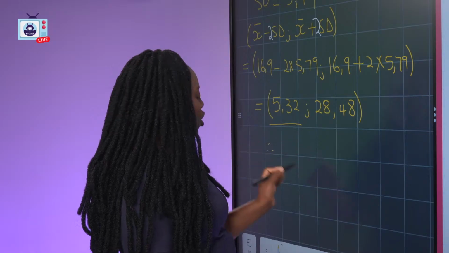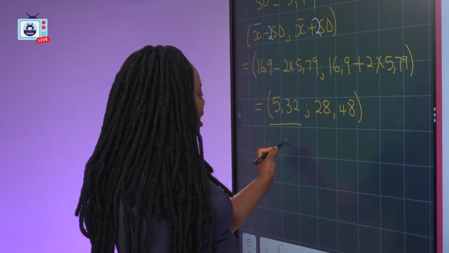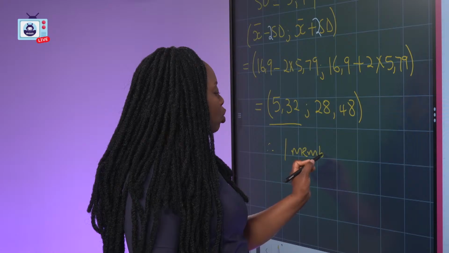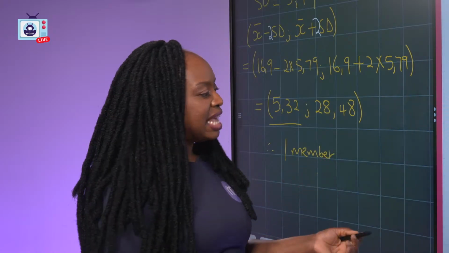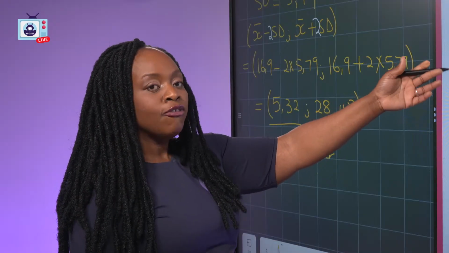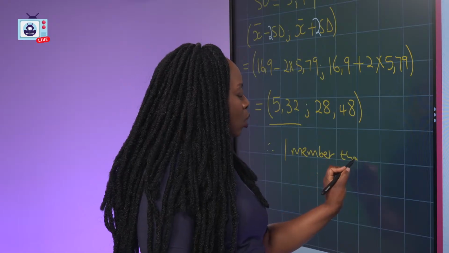We'll say, therefore, there's only 1 member that completed the obstacle race. So there's only 1 member, and you can go on and explain that the 1 member is the one that used 4 minutes, right? So there's 1 member that completed the obstacle race.